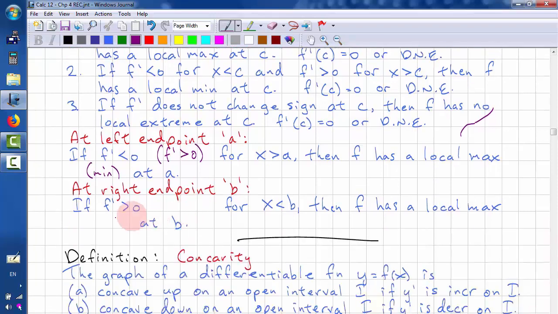And at the right endpoint, if it's increasing to the left, then f has a local max at b. And if we flip this around, if f prime is less than 0, so decreasing on the left, then it has a local min at b. Okay, so if it's decreasing to that endpoint, it's going to be a minimum.